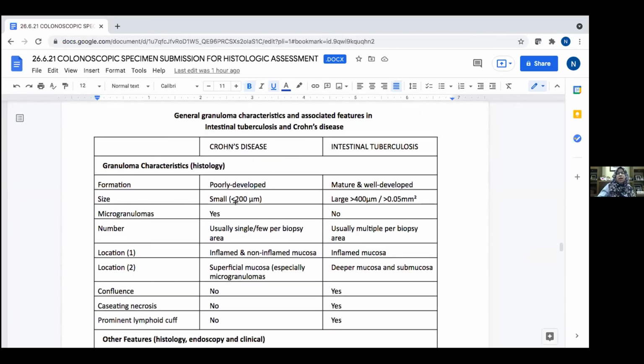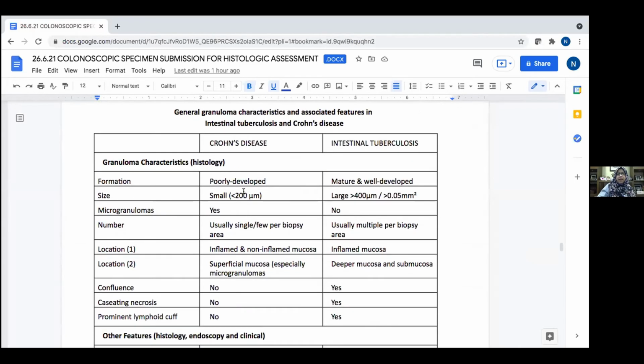table to try to characterize the granulomas that are found in Crohn's disease and intestinal tuberculosis. So these are the features that I have mentioned earlier. A highlight to this is, in addition to the size and the formation, I want to mention that microgranulomas you don't usually see in intestinal tuberculosis.